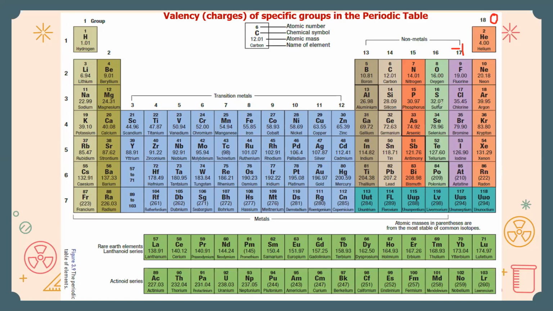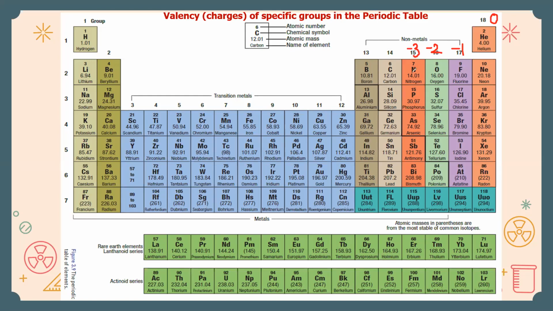The valency for this group of nonmetals here, which we haven't looked at in depth, but they are still considered our nonmetals, is oxygen, sulfur, selenium, all of these ones we would say is -2. Okay, so that's basically our valency for that group there. And for nitrogen, phosphorus, we say it's -3.